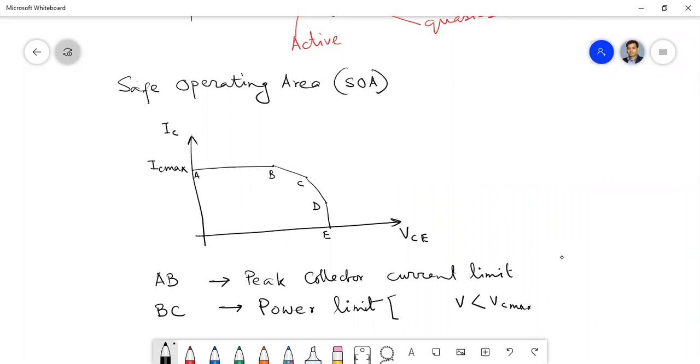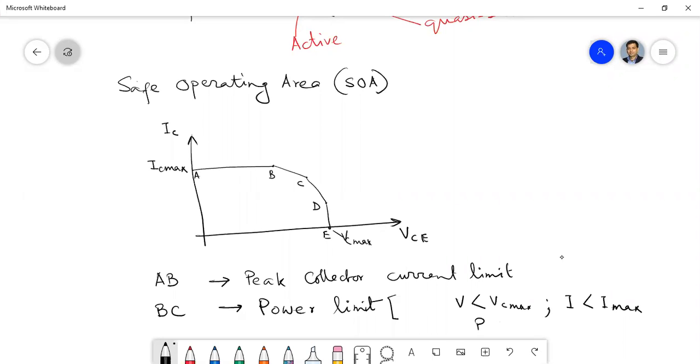The product of these two determines the power. At this point, V is below the VC max, and I is also less than IC max, but still you cannot go beyond this point, because you have to consider the power here.